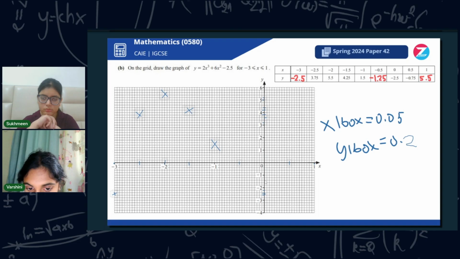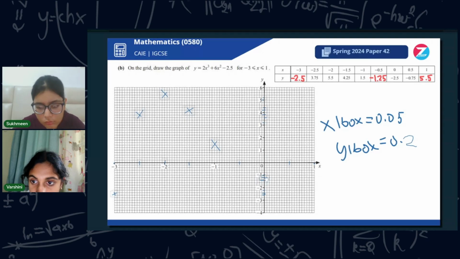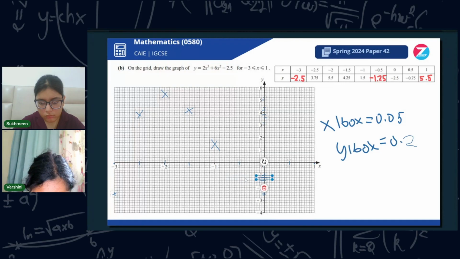So let's find that. Minus 1 is over here, and minus 1.2 is going to be right below minus 1, and minus 1.4 is the next one. We can't put it right between them because it's minus 1.25, which is closer to minus 1.2. So just take it somewhere closer to minus 1.2. And we know it's along this line, so we can draw the cross.